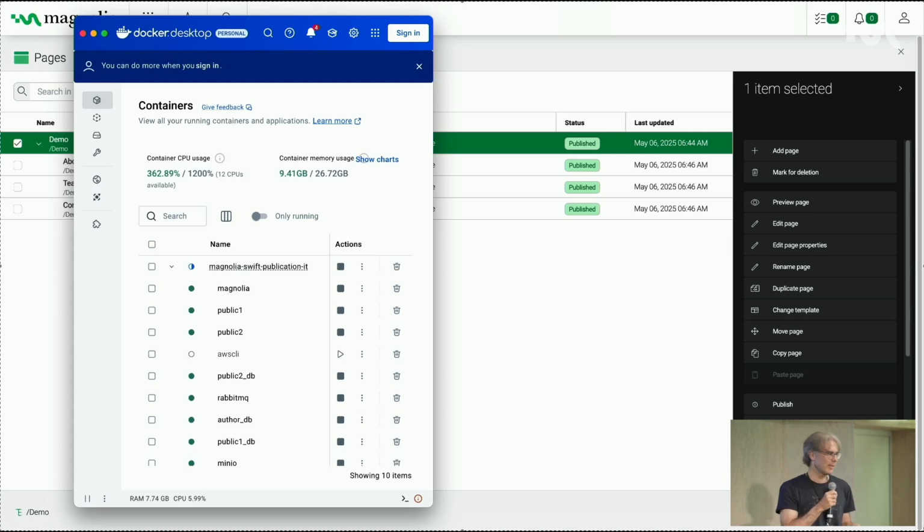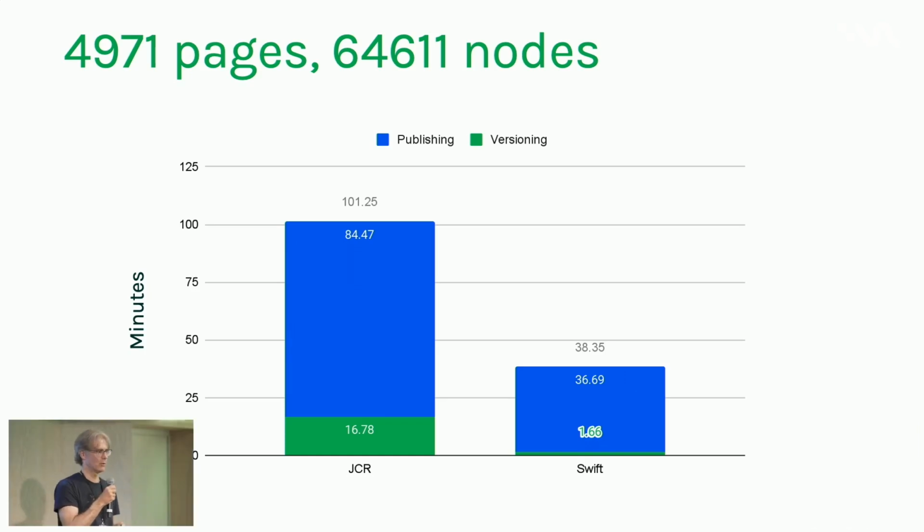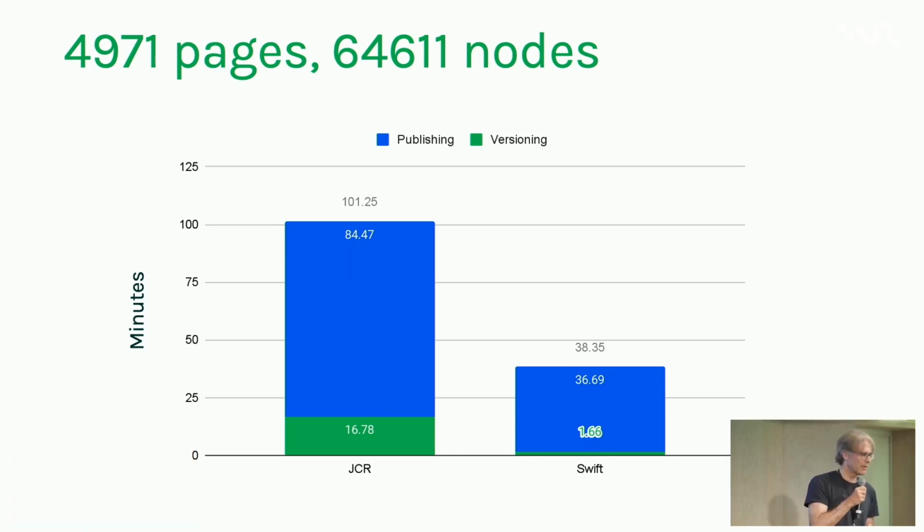Okay, so much for the demos. Quick word about performance. These are some preliminary numbers where we compared Swift publication performance to standard publication performance. On the left side, publishing almost 5,000 pages took 100 minutes.